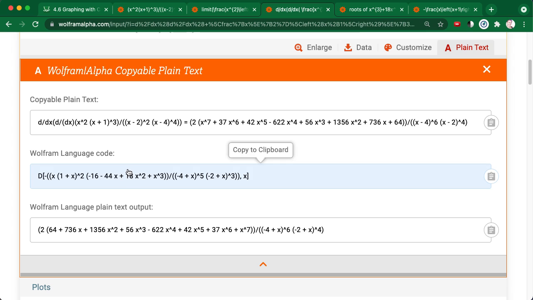So this is the Wolfram language code. I think that this might not be available for the free version. Let me double check that real quick.